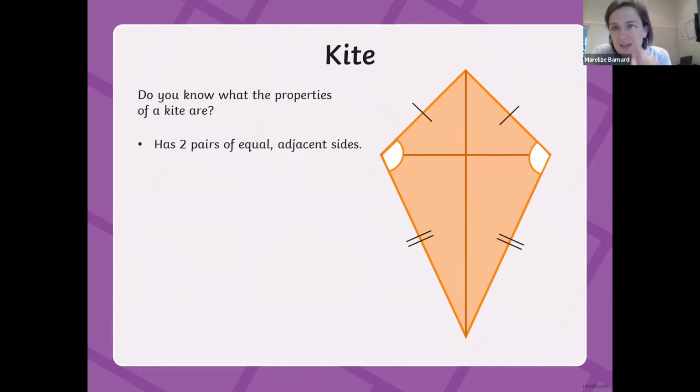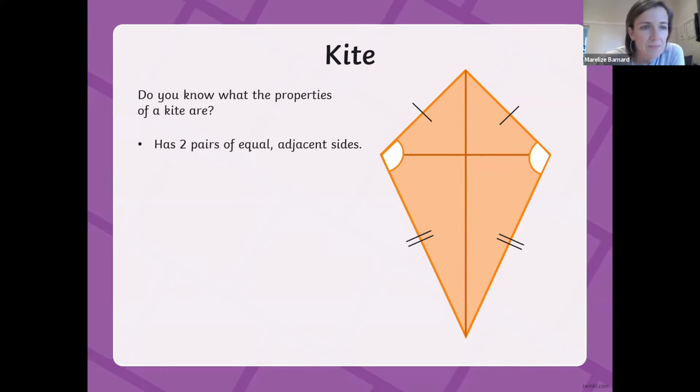So do you see here that only these sides, that's what it means with adjacent. But with a rhombus, all the sides are equal. I think a rhombus can also be classified as a kite. Miss, I think we need to check that fact because of the adjacent sides that are equal. I need to check that.